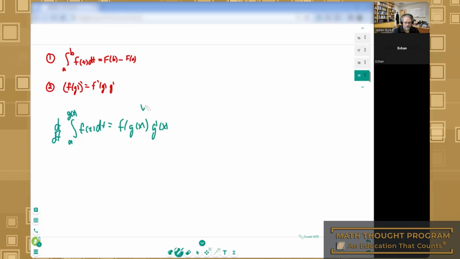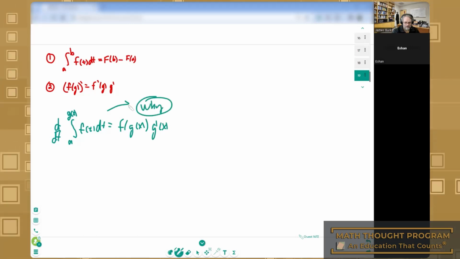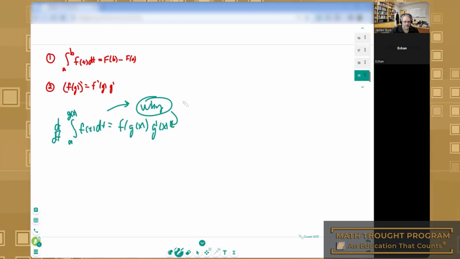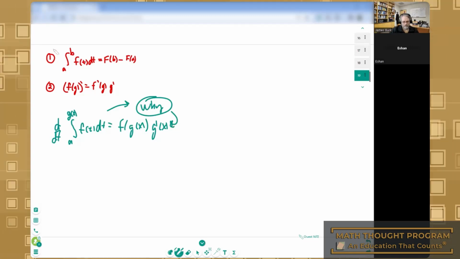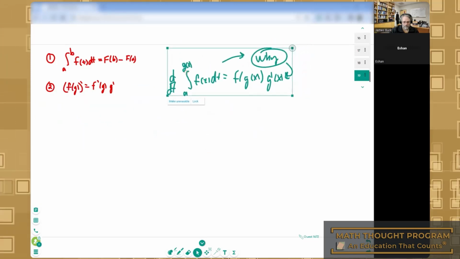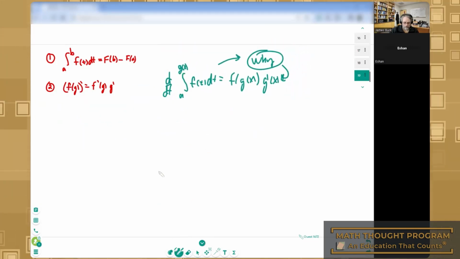They're going to ask you, why is this the case? Do you think you might be able to explain to them? Is it the chain rule?